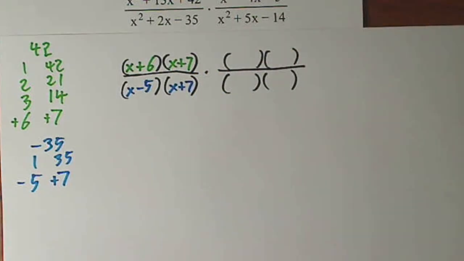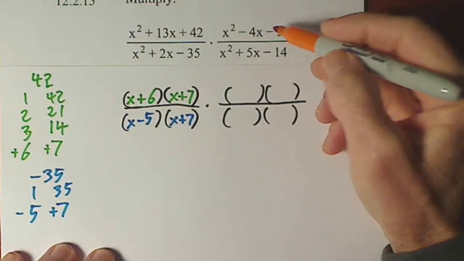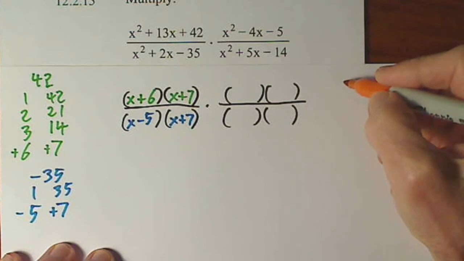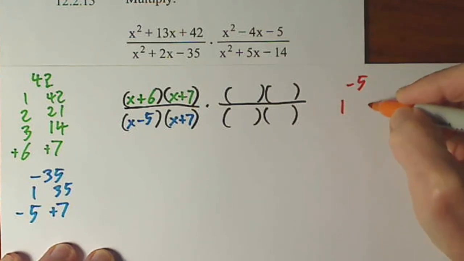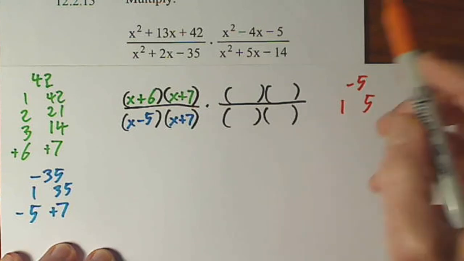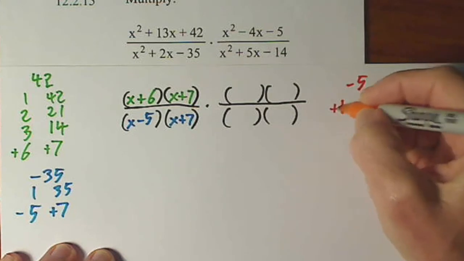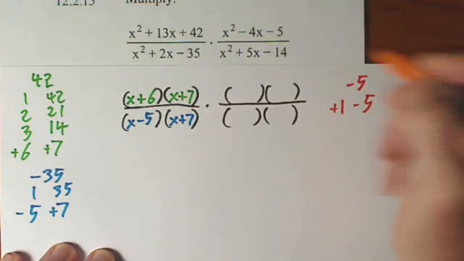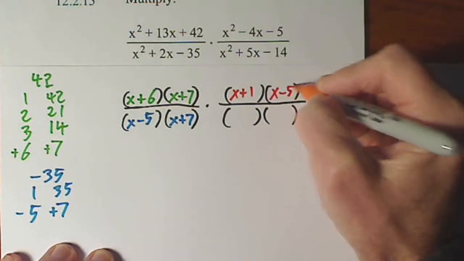All right. Turning our attention to the right-hand side. For the factors of negative 5, it's going to be a short list. 1 times 5, and I want a difference of negative 4, so it must be negative 5, positive 1. That gives us x plus 1, x minus 5.